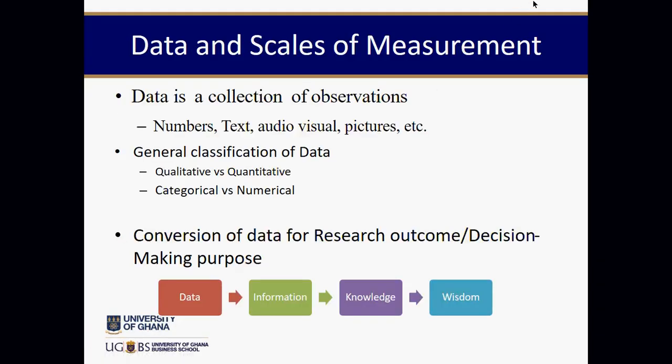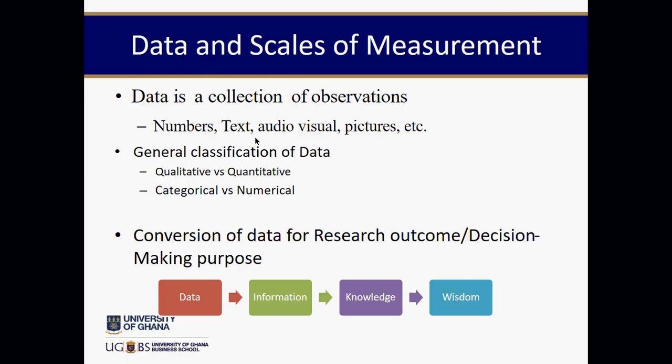Data and scales of measurement. Data is a collection of observations. That's basically what it is. Data is a raw fact, just a collection of observations or unprocessed information.